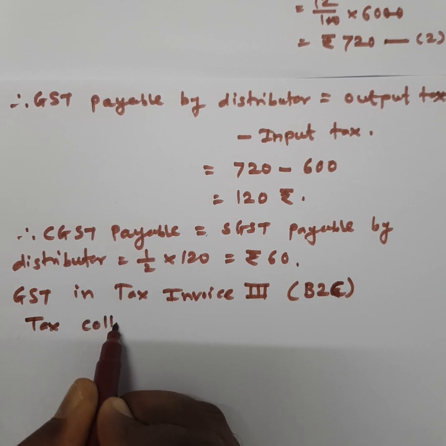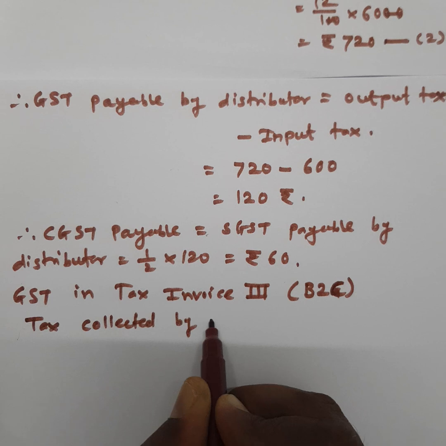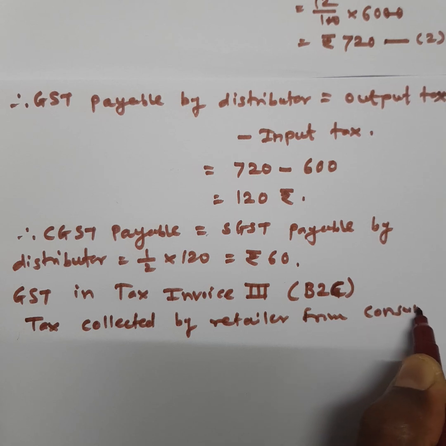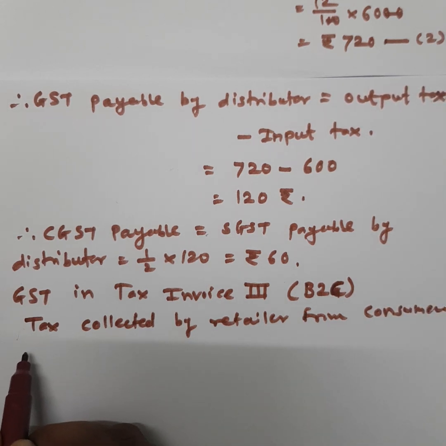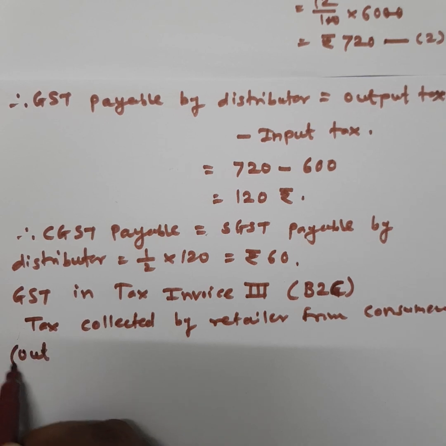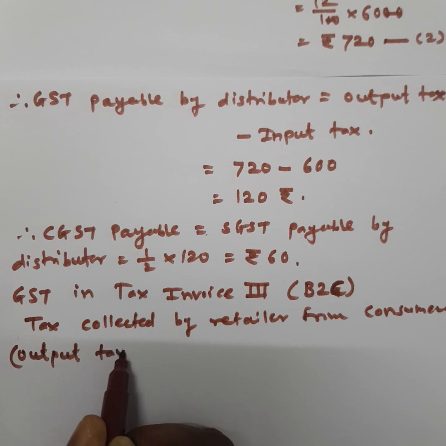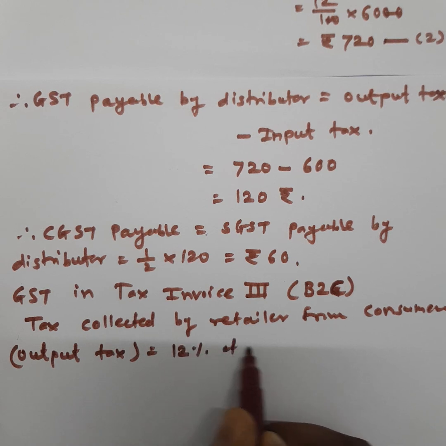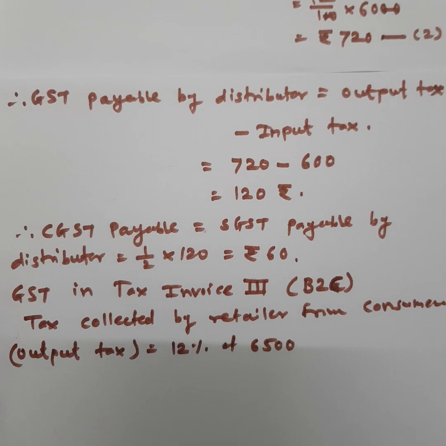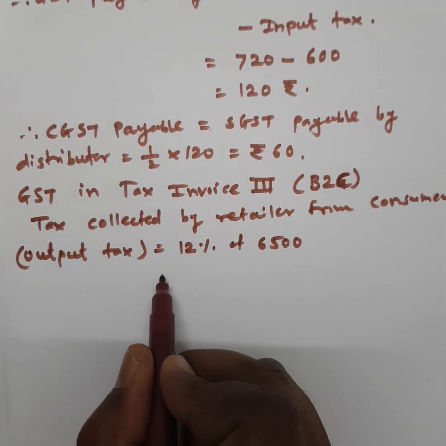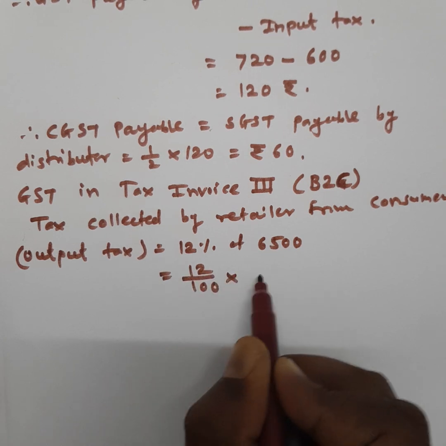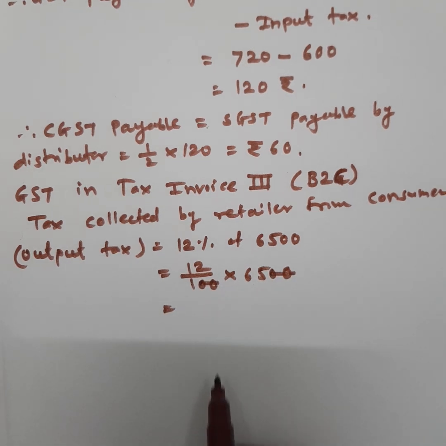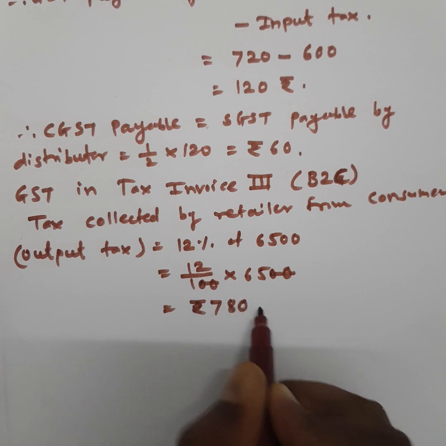Tax collected by retailer from consumer, that is output tax, is equal to 12% of taxable value 6,500 rupees, that is 12 upon 100 into 6500 is equal to 12 into 65, that is rupees 780.